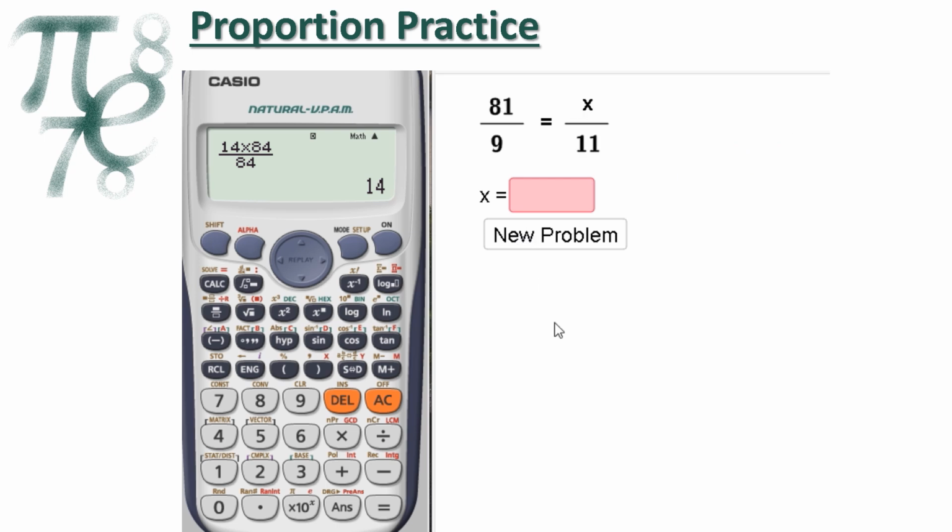New problem. Another problem. Fraction button. 81 multiply 11 divided by 9 equals 99. X equals 99 is correct.